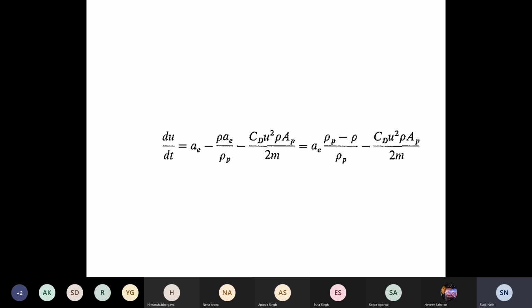Then you can also replace that A subscript E with the acceleration in a centrifugal field and derive the du by dt for a centrifugation application. Please write those equations for those two cases.